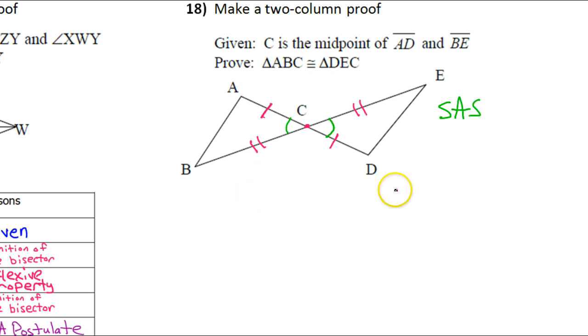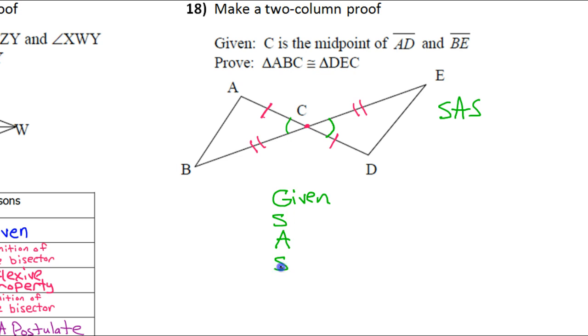Okay, so let's plan out our proof so we can see how many steps. None of these three pieces of information, side, angle, or side, is given in the given. So that means I'm going to have to state the given separately first, and then from there I'm going to have to come up with a pair of sides, a pair of angles, and a pair of sides.